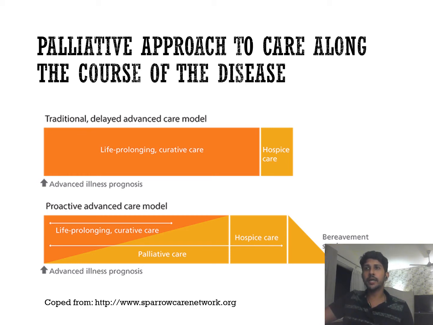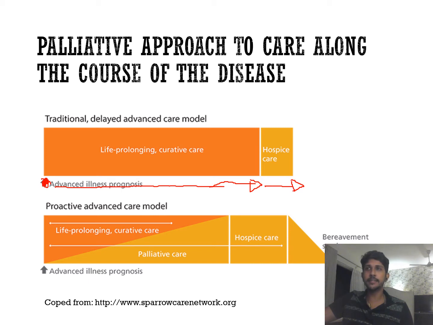Right at this point, the patient is being diagnosed with the life-limiting illness. And then along the trajectory of the disease, the clinicians aim to give curative treatment and life-sustaining treatment up until a certain point. And beyond that point, palliative care is introduced, and the patient is maybe transferred to a hospice.